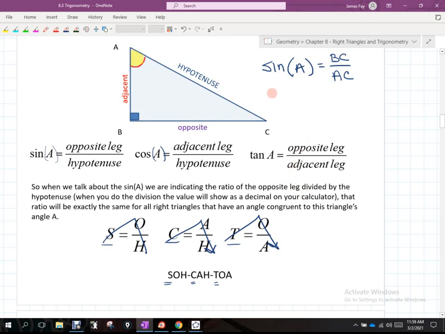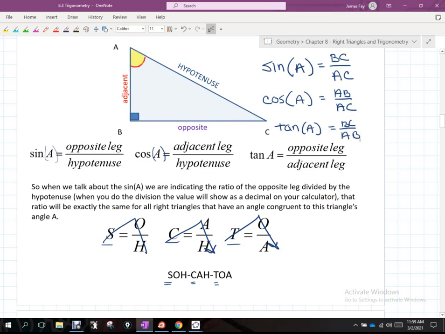Okay? The cosine of A would be AB over AC. It's the adjacent side to that angle divided by the hypotenuse. And the tangent of A is equal to opposite, which is BC, over adjacent, which is AB.